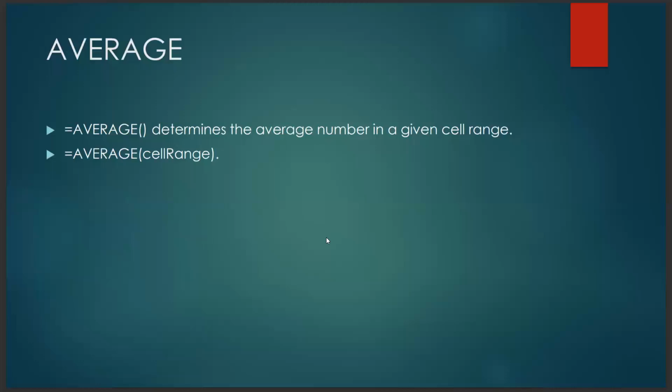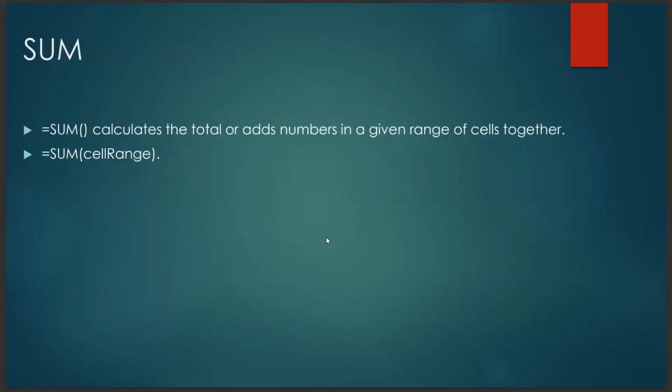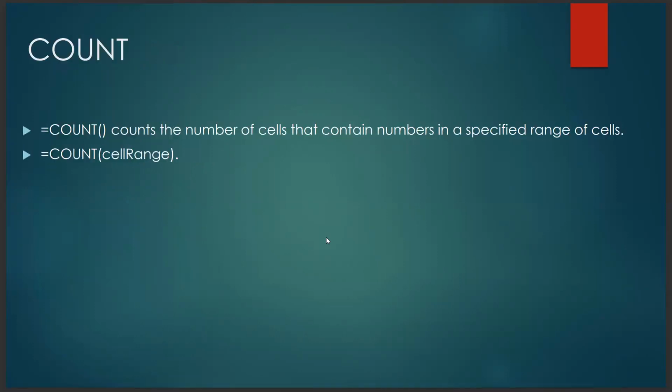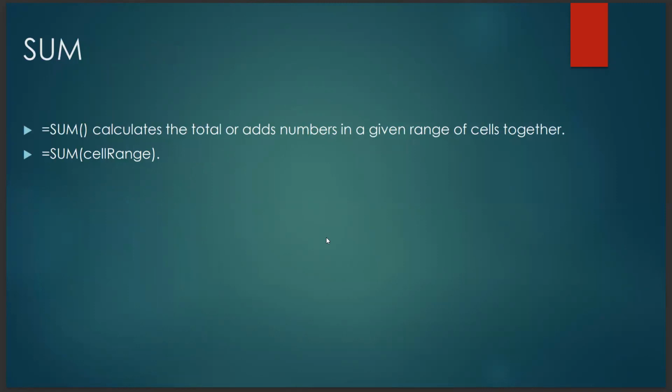And then you have the average. Same thing applies when you calculate the average: equal to, we click on average from your functions, and in brackets you insert your cell range or your cell reference. Same thing applies with sum. Count also, when you want to count. Sum is when you're adding, it's basically addition.